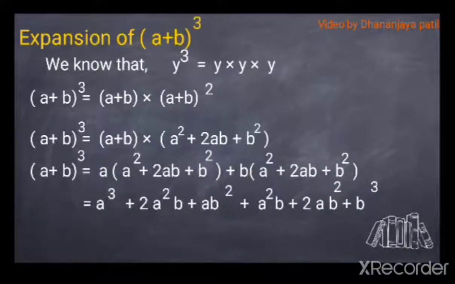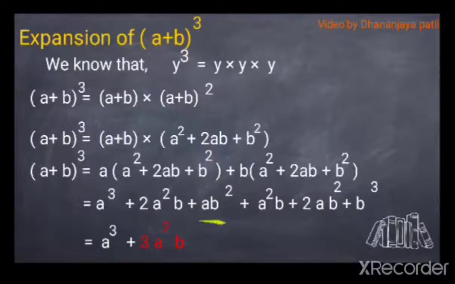Now this a cube will remain as it is. In the second term you can see a square b, and a square b is also at the fourth place. Add their coefficients. Their coefficients are 2 and 1, so 2 plus 1 is equal to 3 a square b.